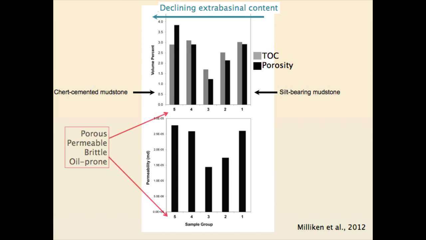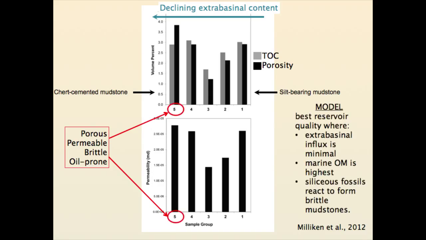But over here, you get the added benefit that it's oil prone because it has marine organic matter, and it's brittle. We have here a simple model for exploration. What you want to do is avoid that extrabasinal influx, find your marine organic matter, and look for siliceous fossils that make your rock brittle.